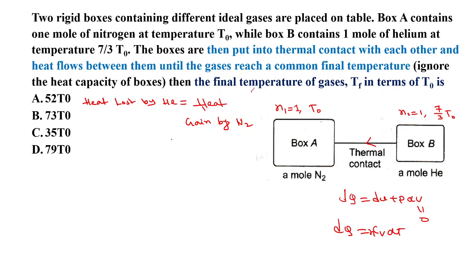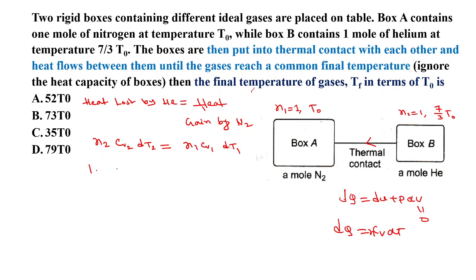So we can write dQ, that means heat lost by helium, equals n2 Cv2 delta T2, and for nitrogen we can write n1 Cv1 delta T1. What is the number of moles? It is 1 here.